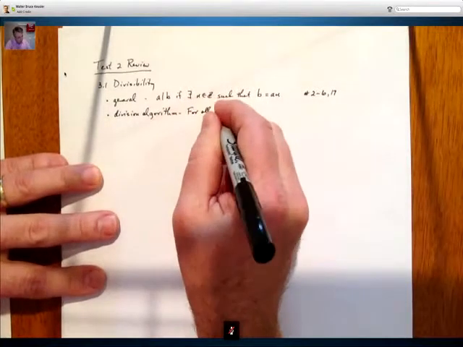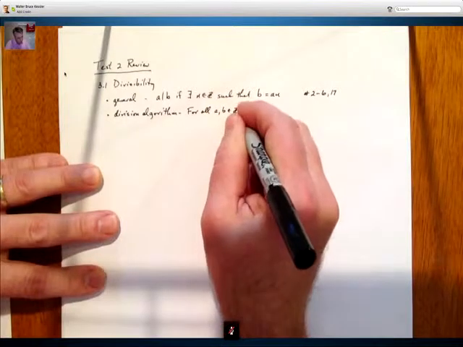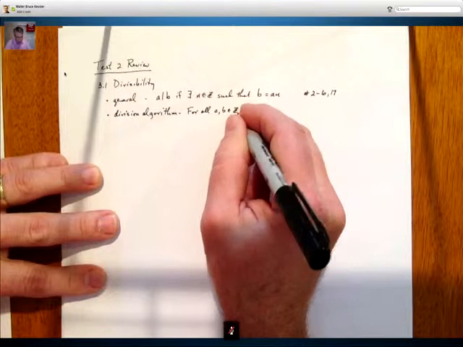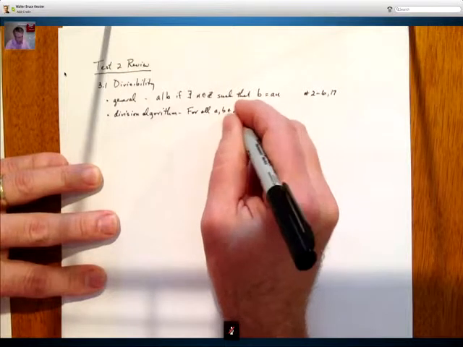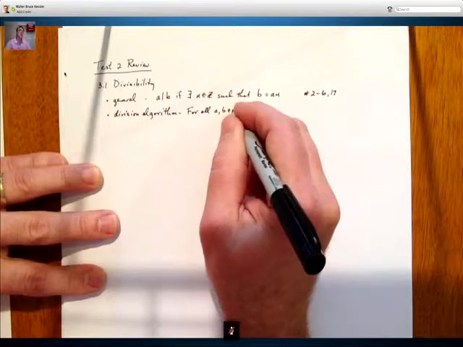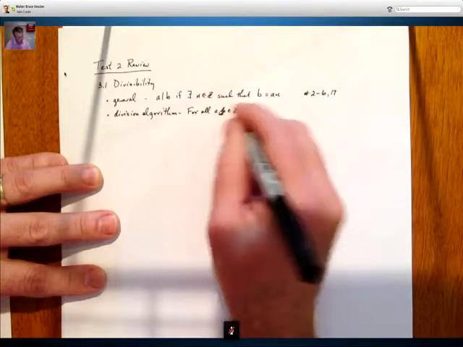But the way we state that formally is for all a and b integers, and I think technically b needs to be a natural number.